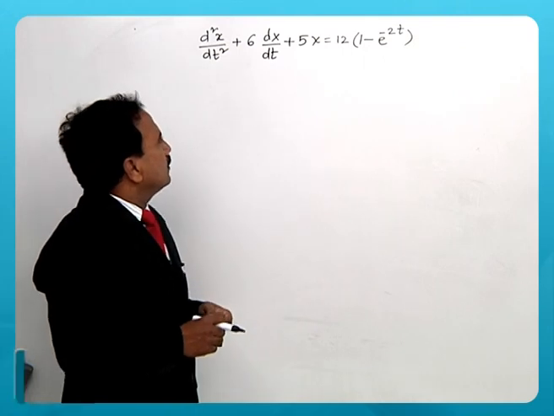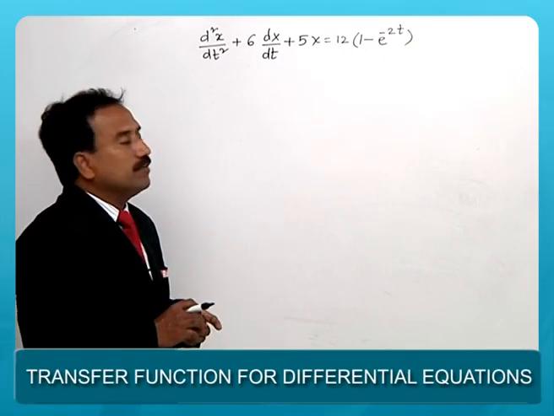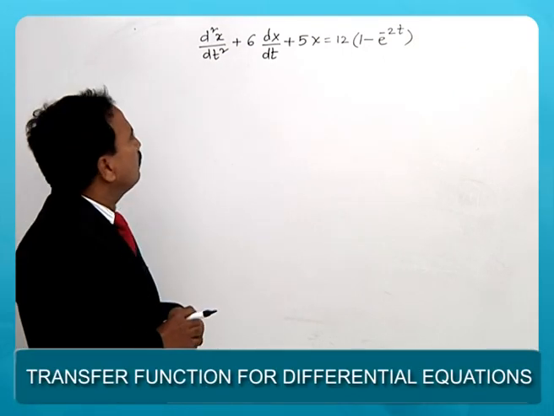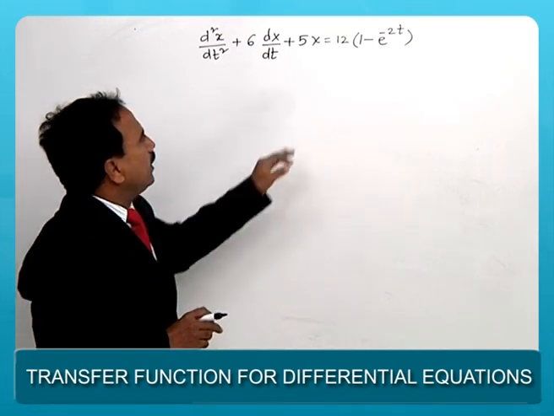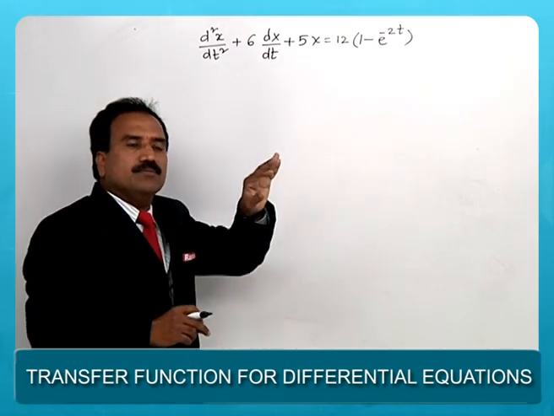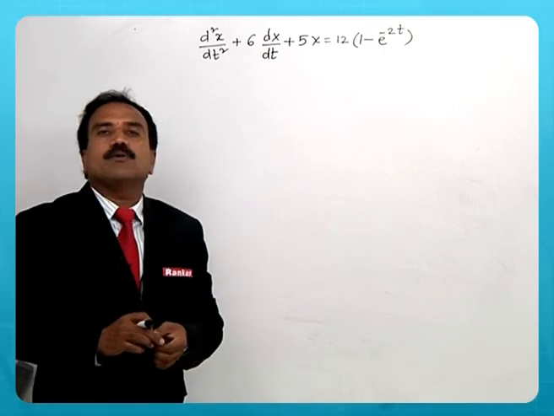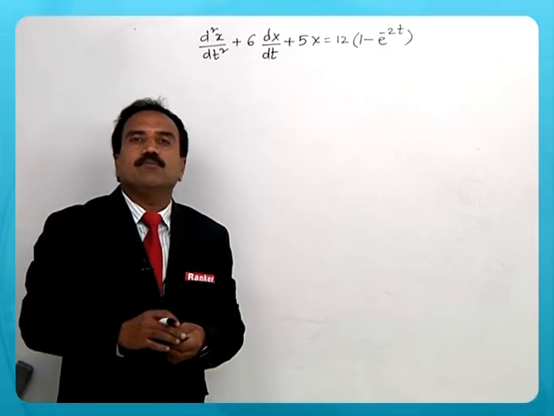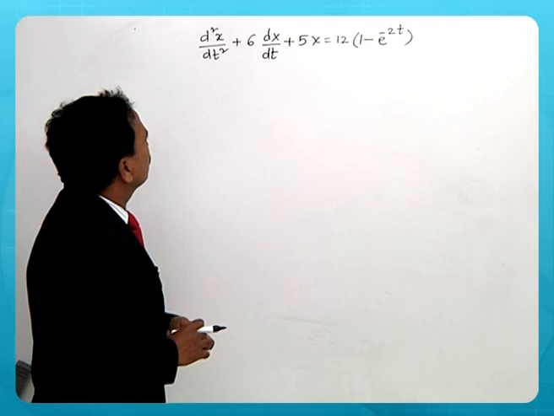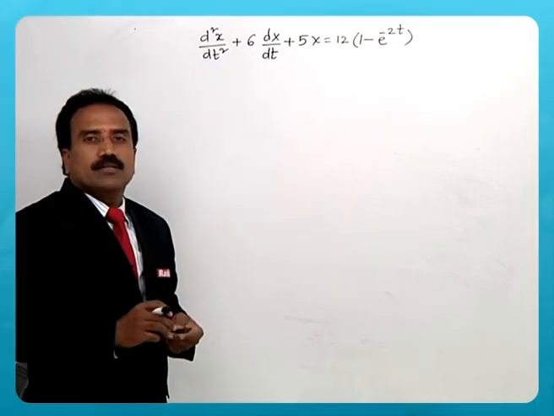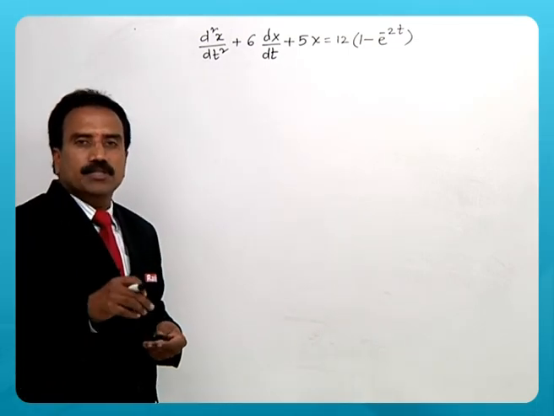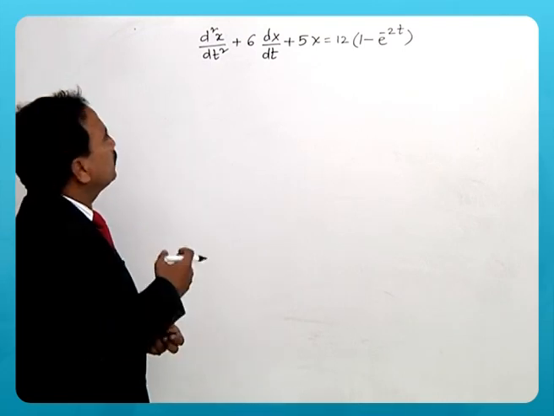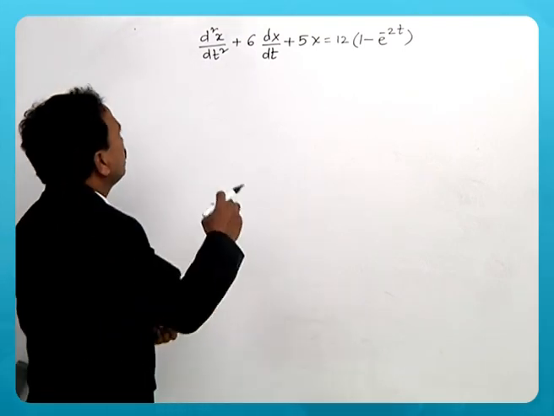This is a control system given in differential equation form. You are asked to find out the response of the system as time approaches infinity. So, as usual, the first step when a differential equation is given is to apply the Laplace transform to this.